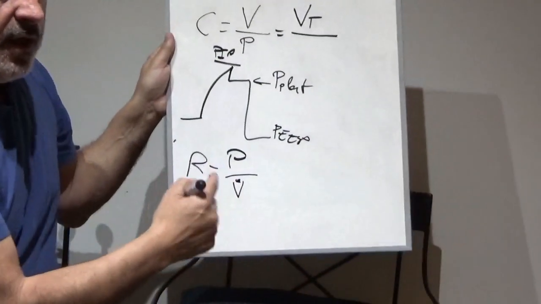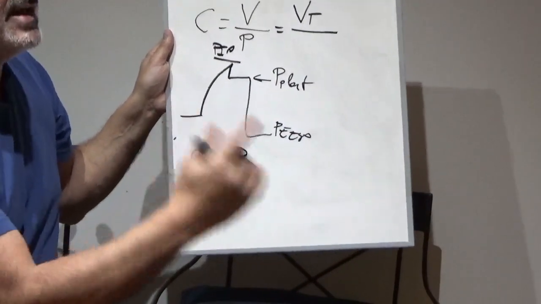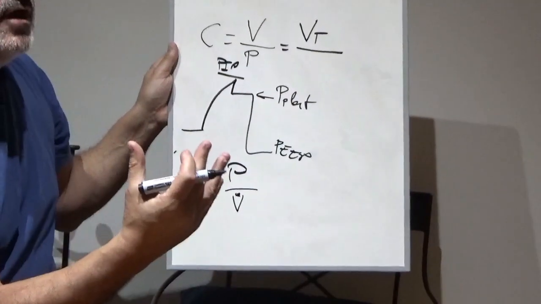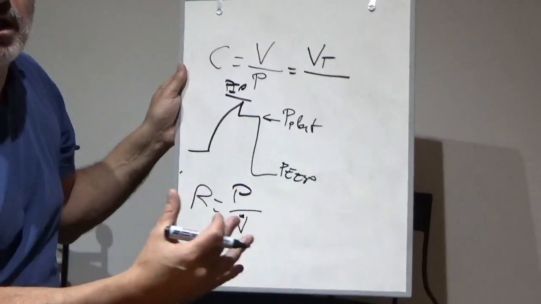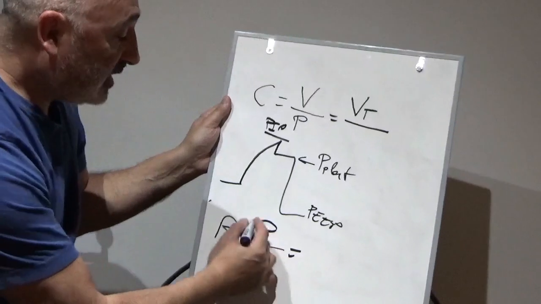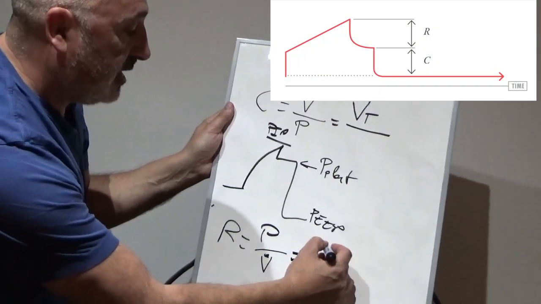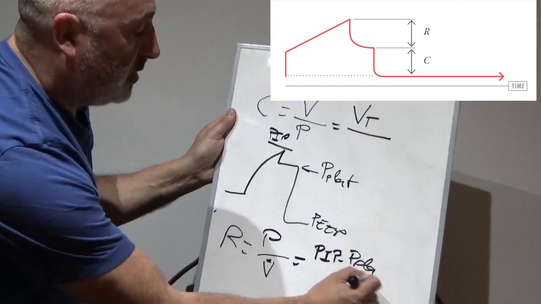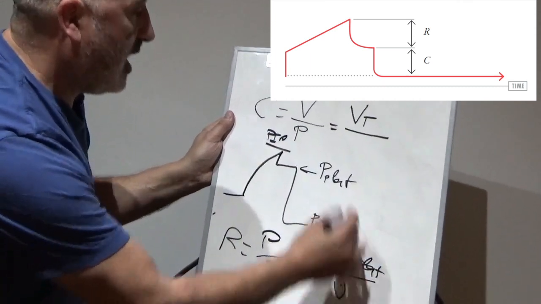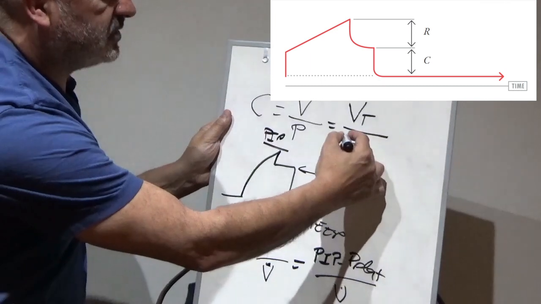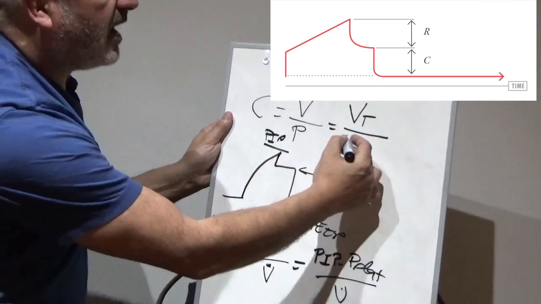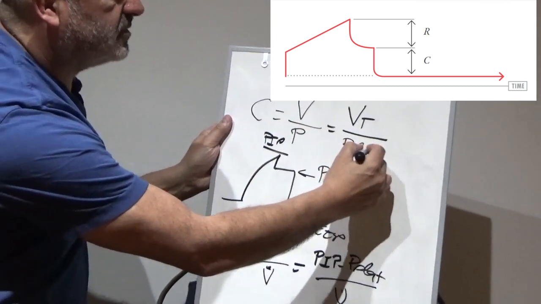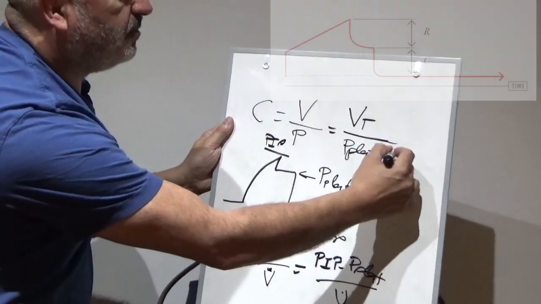The flow is directly related to the resistance. If we don't have flow, we never can have resistance. And this pressure is the difference between the peak pressure and the plateau pressure, and this is the flow.